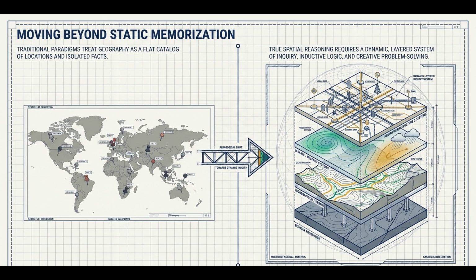However, geography is not only about knowing where something is located. True spatial reasoning requires students to understand why a phenomenon occurs in a particular place, how different factors interact, and what effects may develop in the future.